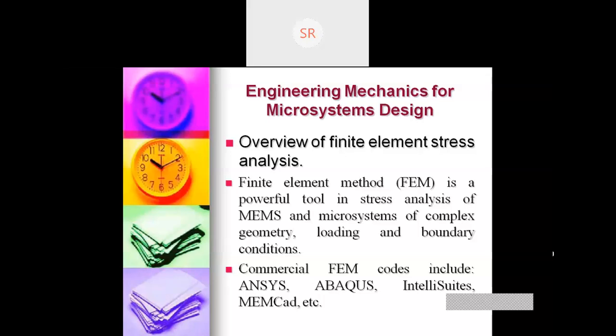If so and so force is applied, whether any breakage will happen to the material or the microsystem, or if they are subjected to high temperature, whether there is any thermal breakdown or thermal stress. All these things I need to calculate, and for that there is a tool, which is the finite element stress analysis.